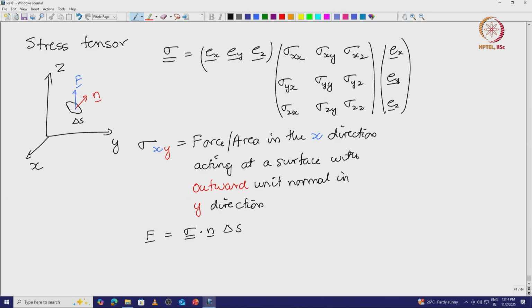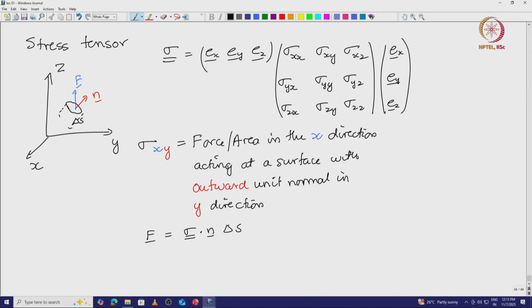That is a force acting along the outward unit normal. It is a force that is exerted on the volume below. The volume below has an outward unit normal n. So, therefore, this is a force that is exerted on the volume below the surface if the outward unit normal is in the positive direction. So, that is the definition of the stress. Note that this is along the outward unit normal, therefore, the stress as defined is extensional.